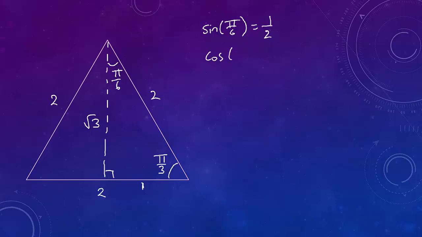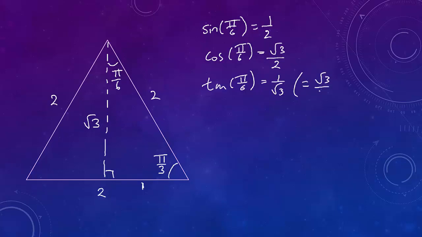The cosine of pi by 6 is the adjacent over the hypotenuse, so that's root 3 over 2. And the tangent of pi by 6 is the opposite divided by the adjacent, so that's 1 over root 3. And of course we could write that as root 3 over 3, but it's often left just here.